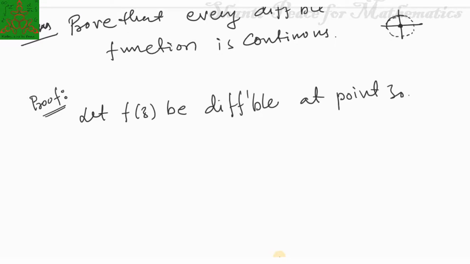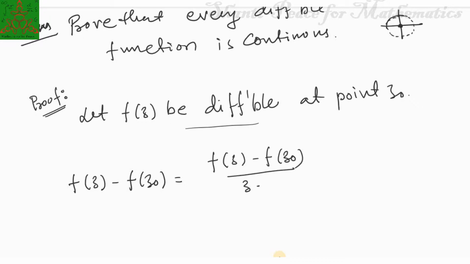Now I start with f of z minus f of z0. Here I have to prove that every differentiable function is continuous. That means I am starting with the differentiable function and then I will try to prove that it is continuous. So I start with f of z minus f of z0, and I multiply and divide by z minus z0.